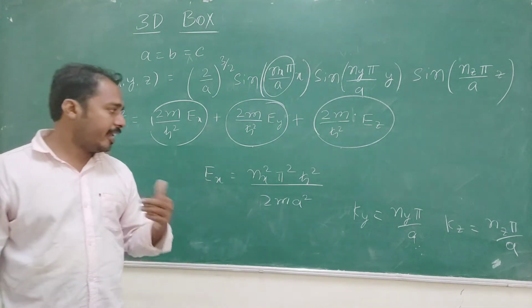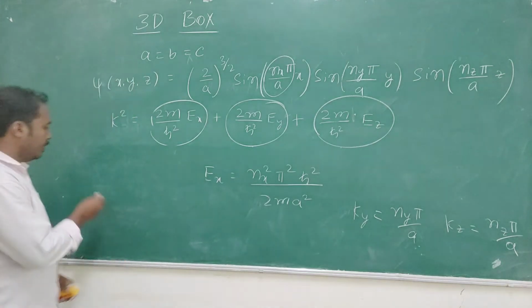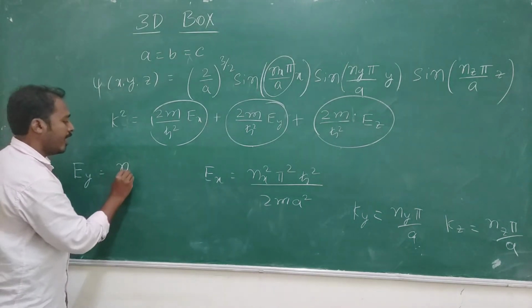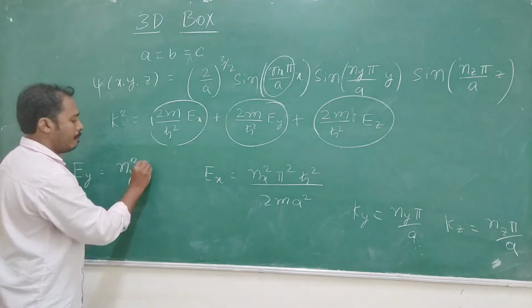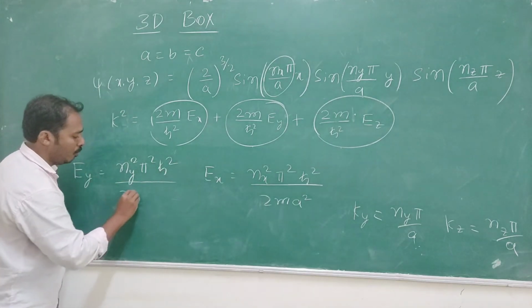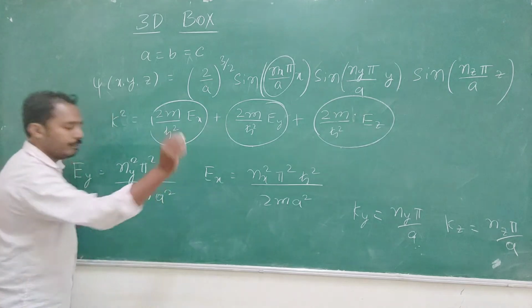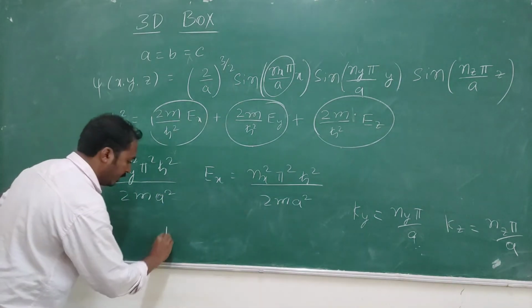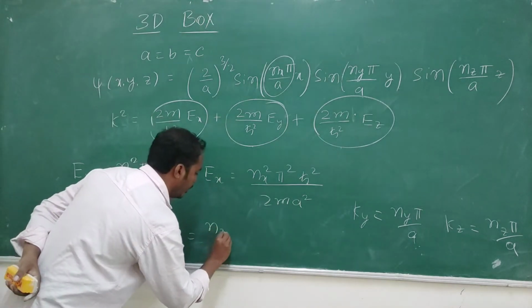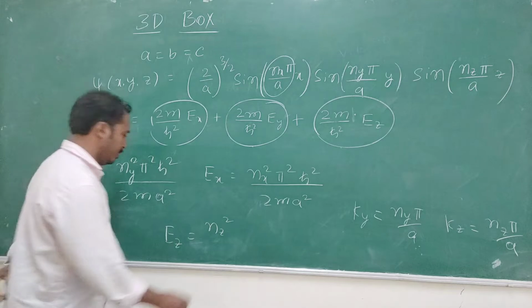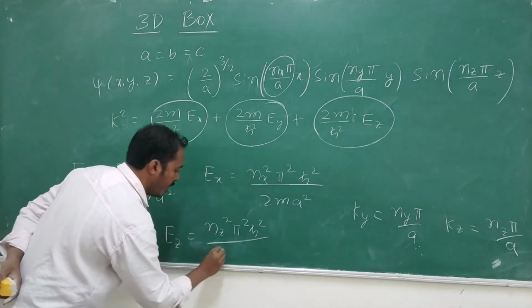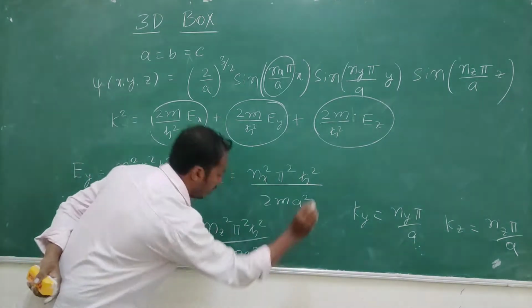Similarly, we calculate the energy along the y direction: Ey is equal to ny square pi square h cross square divided by 2m a square. Similarly, Ez is equal to nz square pi square h cross square divided by 2m a square.